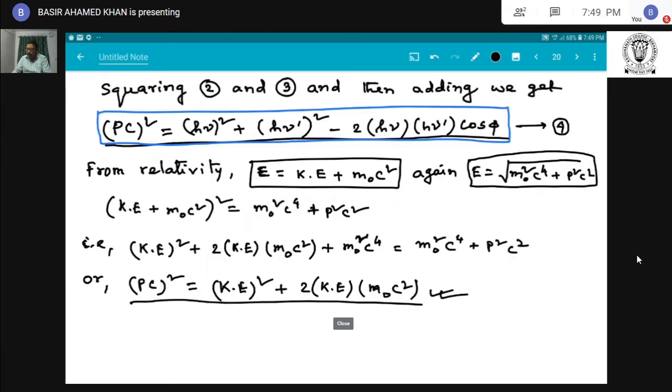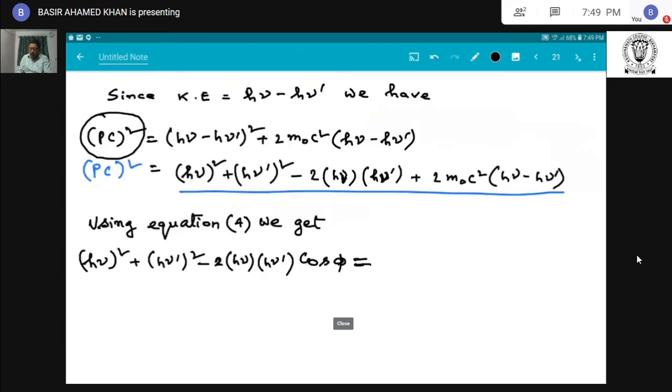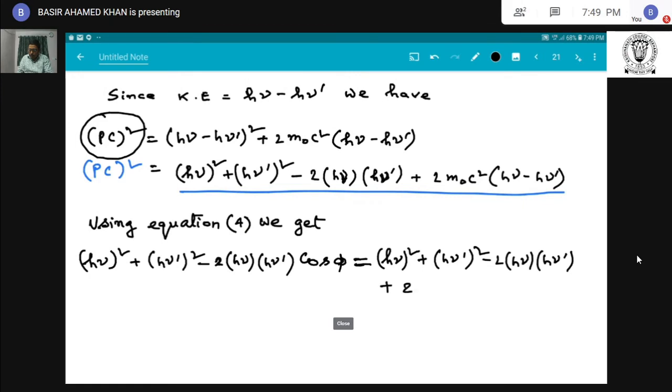From this relation, (PC) square equal to this, equal to (h nu) square plus (h nu prime) square minus 2 h nu h nu prime plus 2 m0 c square (h nu minus h nu prime).